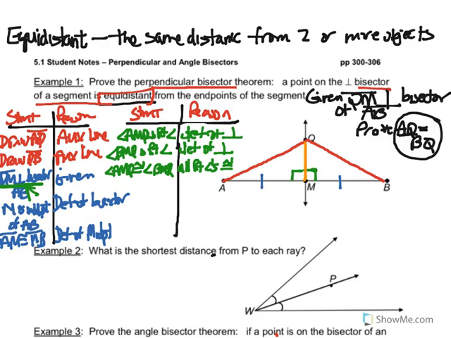We're going to say QM is congruent to QM, and that's going to be reflexive property of congruence. And so let's look at what we've got here. We have angles that are congruent right here.